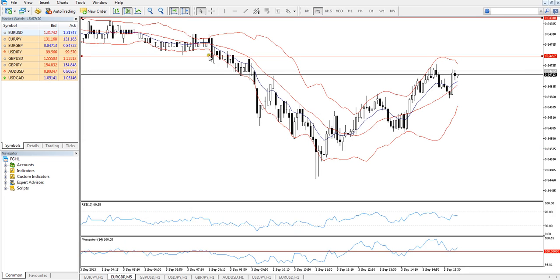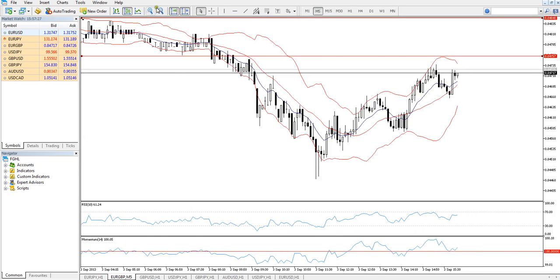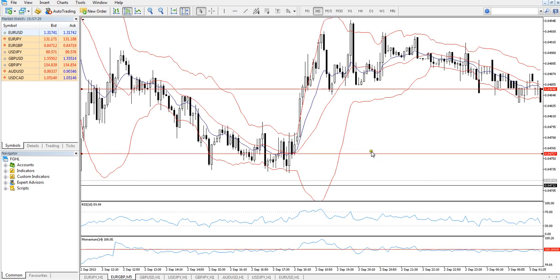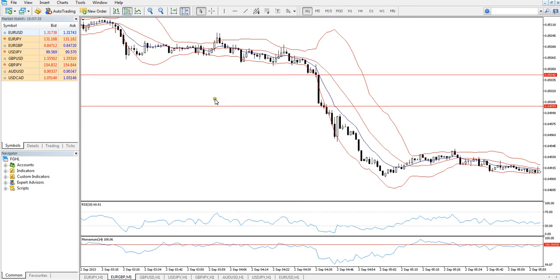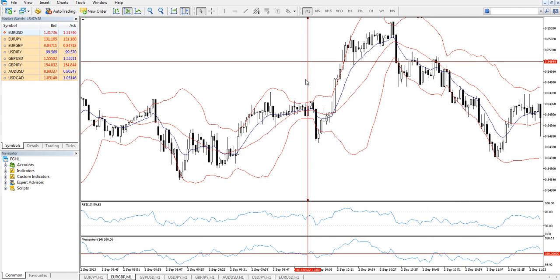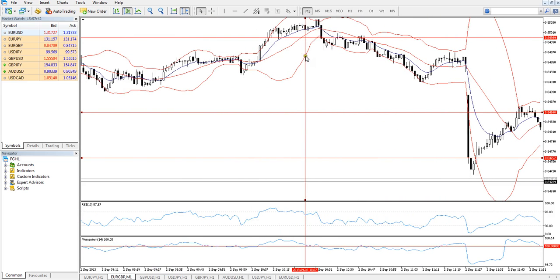And the last thing, as we mentioned, the momentum indicator. This is just something that we use as a preference. You don't really need to use it yourself if you haven't got it, but it's always good to have a reading. So where's our entry candle? Our entry candle was here.